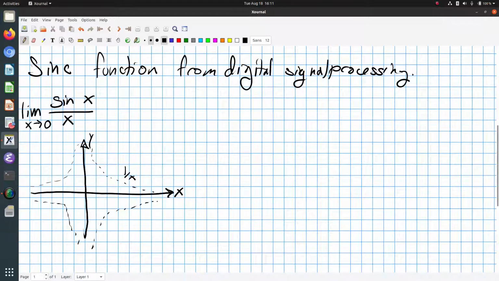And there's the sine function. The sine function looks a bit like this. Of course, that's the sine function, kind of badly drawn, but here you go. And just to make things a little bit less ambiguous, let me move this 1 over x over there. So really the question is, what happens at the origin?